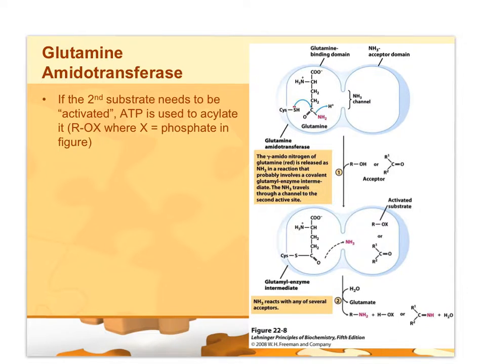But that's it. And so the nitrogen is the nucleophile, and this leaves a glutamate, right? Because all that has to happen is water comes in and attacks that carbon. You have a glutamate. And depending upon what you started off with, you're either going to end up with an amine or an imine.